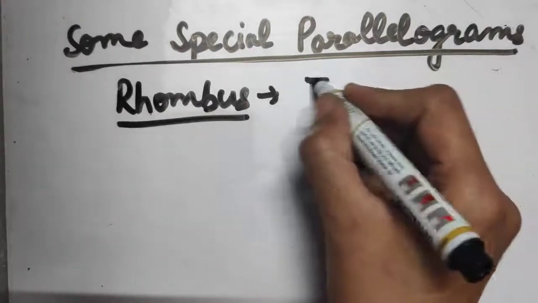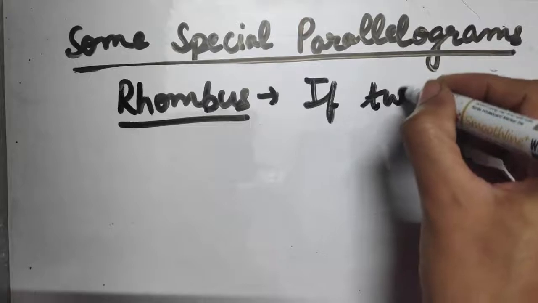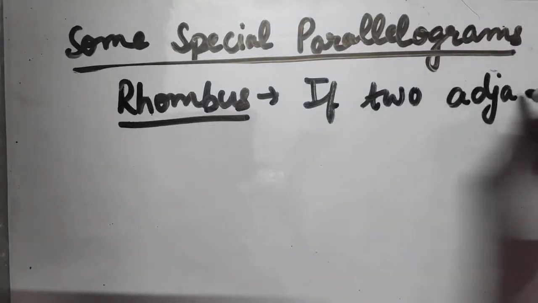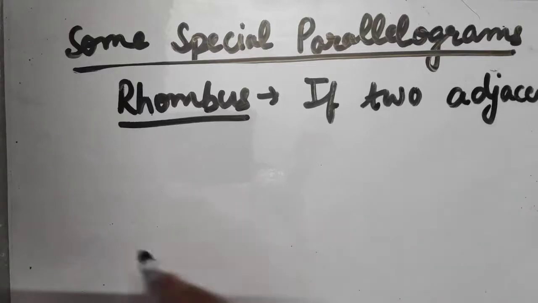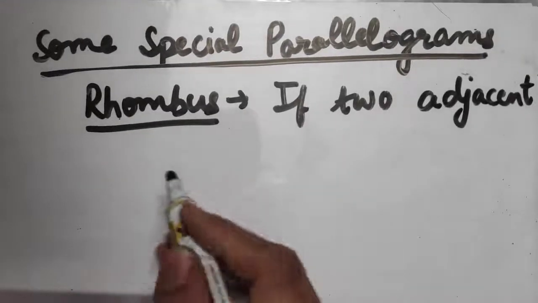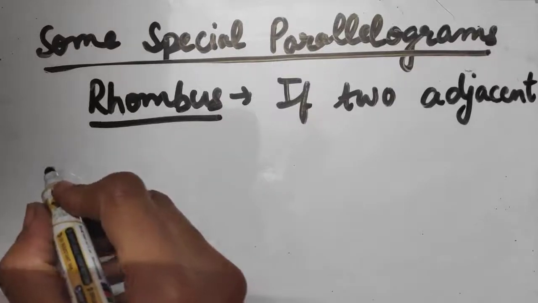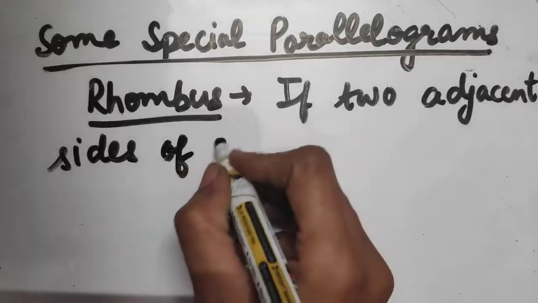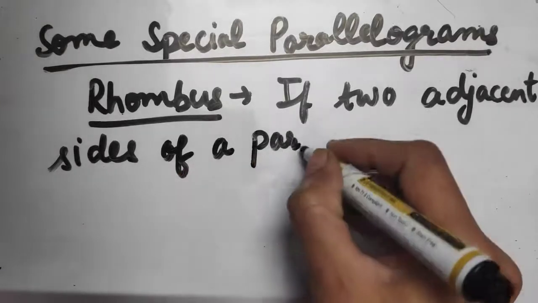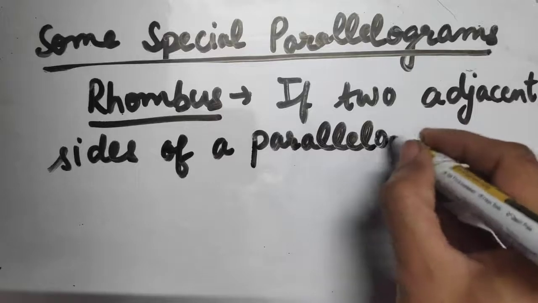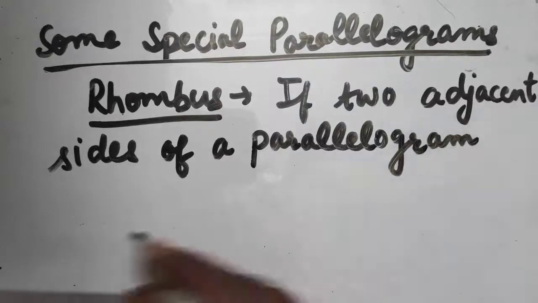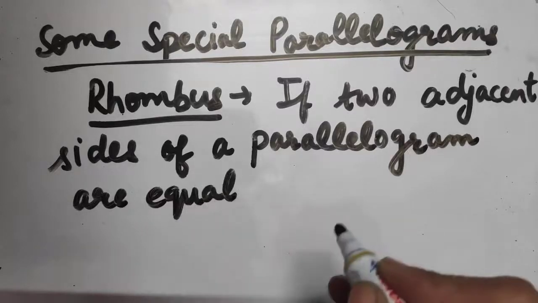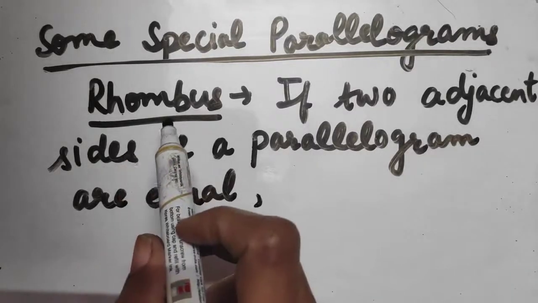If two adjacent sides of a parallelogram are equal, then it is called a rhombus.